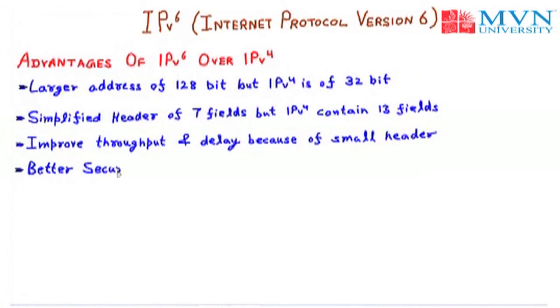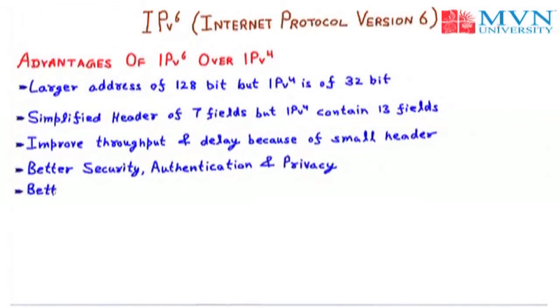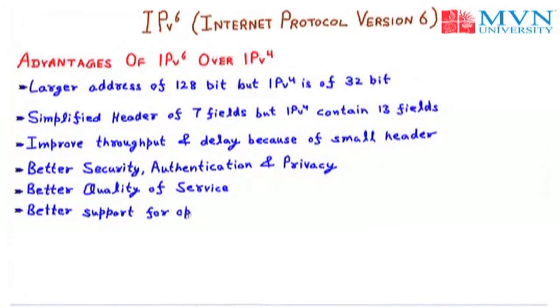Now the next advantage of IPv6 is that it has better security, authentication and privacy over IPv4. And next we have better quality of service of IPv6 over IPv4. And next we have better support for new options.